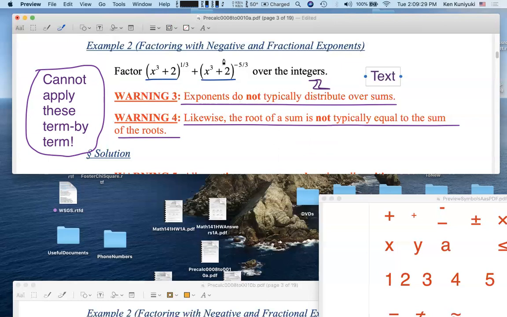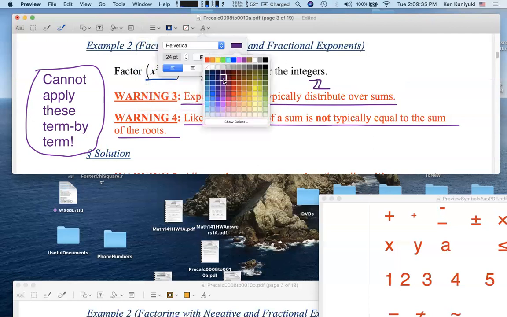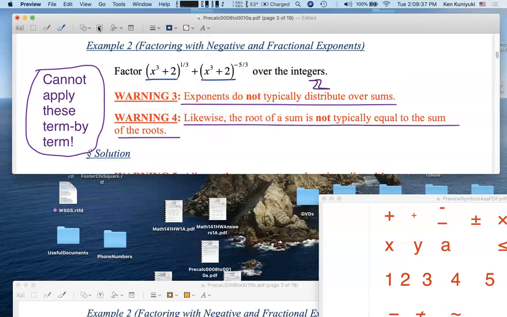How about substitution? Because when you have twins like this, when you have copies of the same base, then substitution might be a nice technique. So we can replace x cubed plus 2 by, say, u.